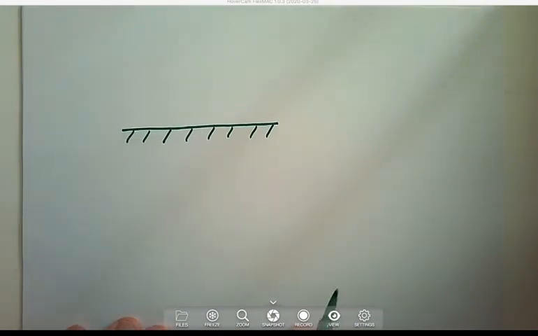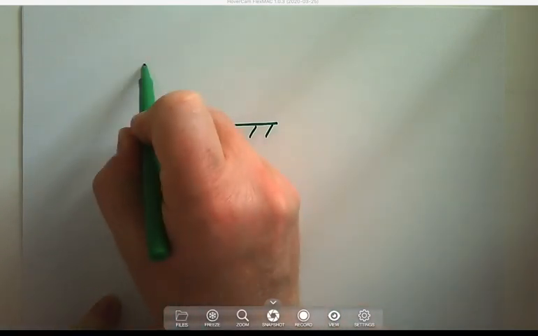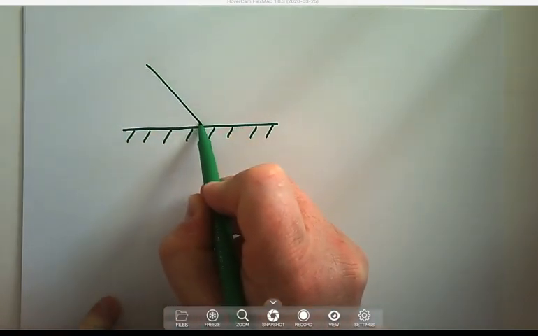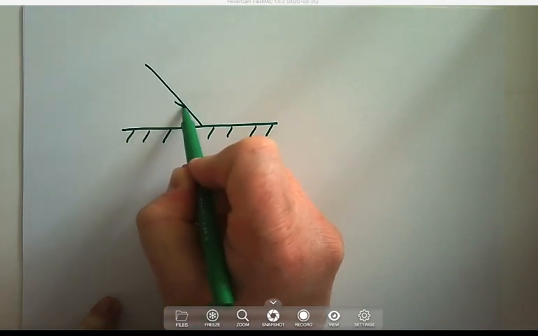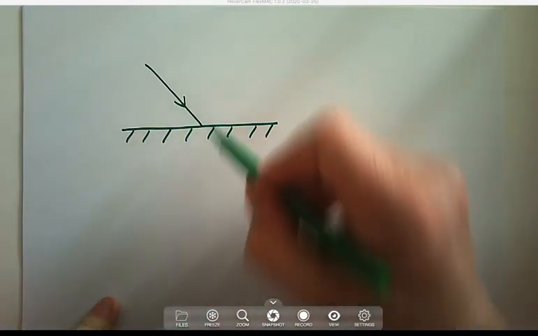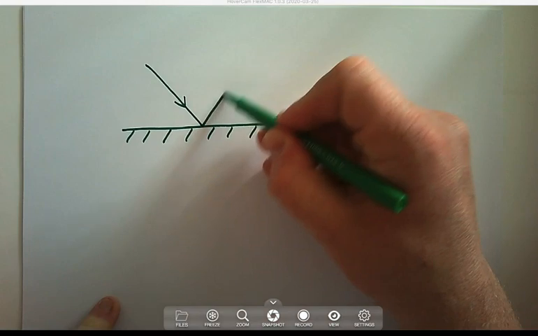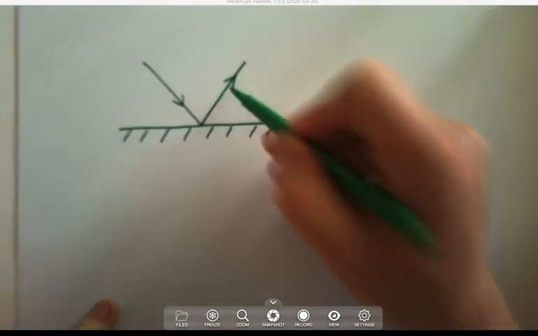Now in this case the surface is flat, and a light ray, once it hits a shiny surface, gets reflected off like that.